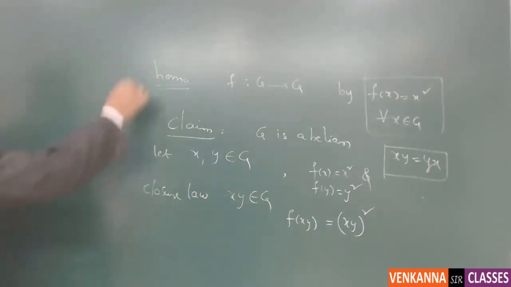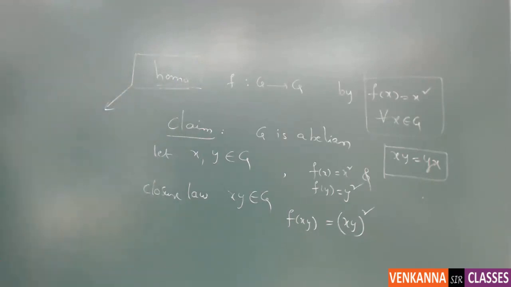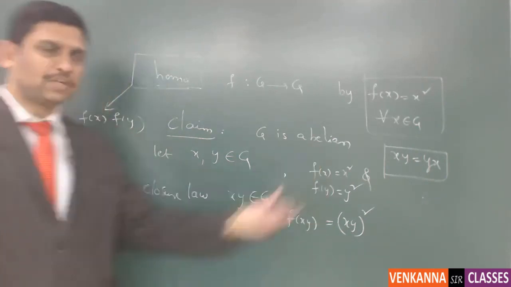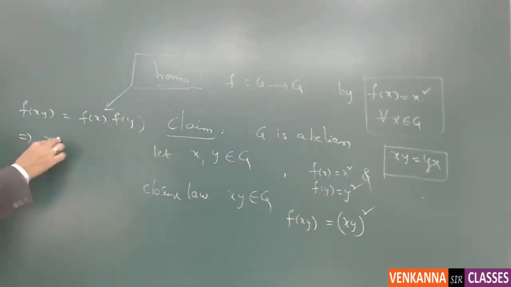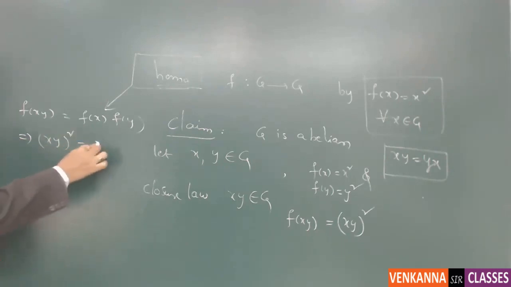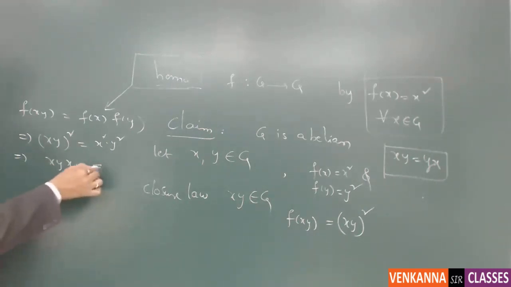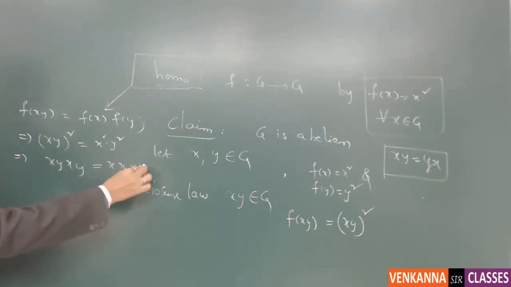Since f is a homomorphism, we can write f of xy equal to f of x into f of y. Substituting the respective values, xy whole square equals x square dot y square. This is nothing but xy xy equal to x into x, y into y.